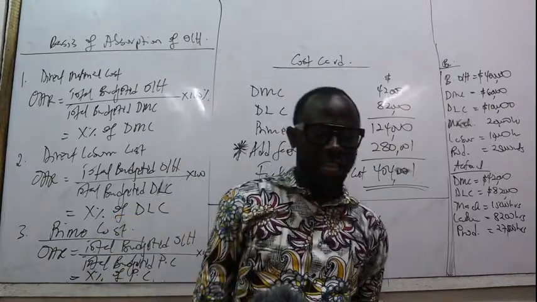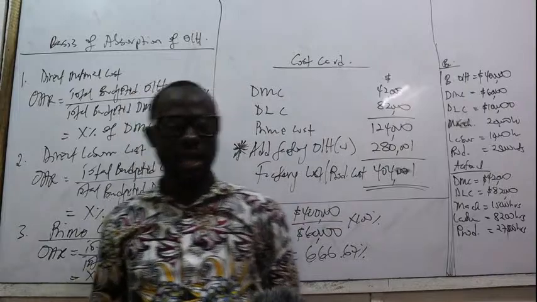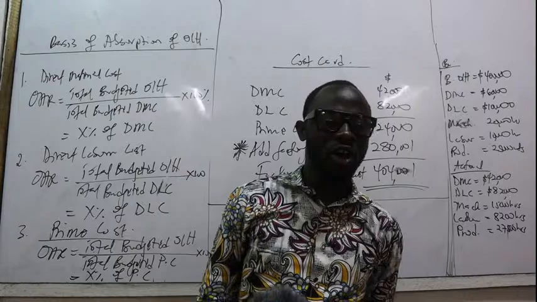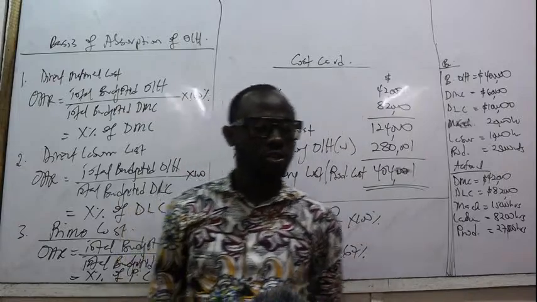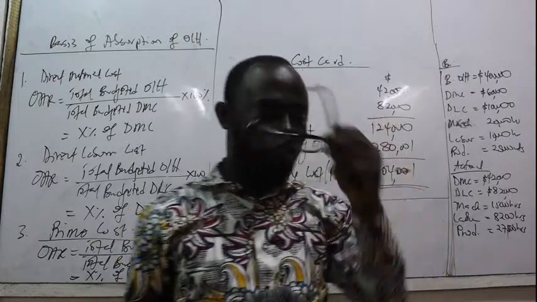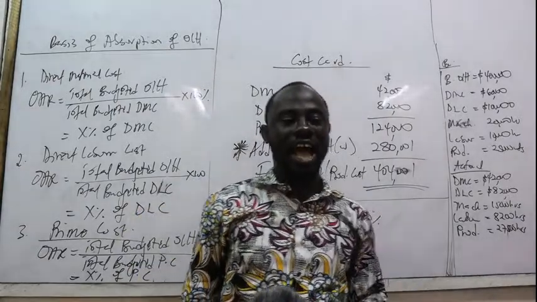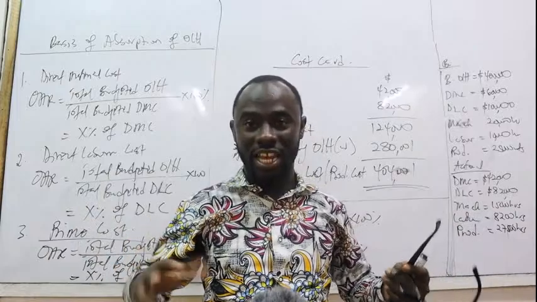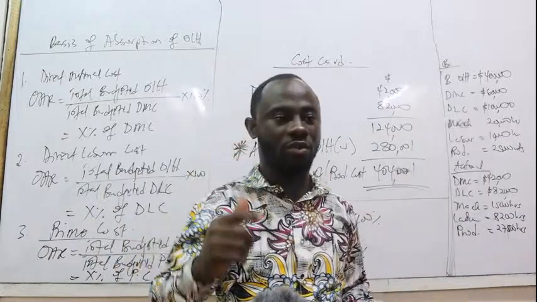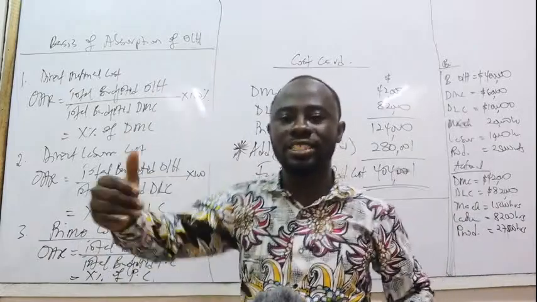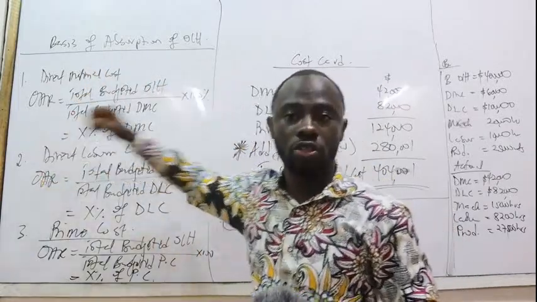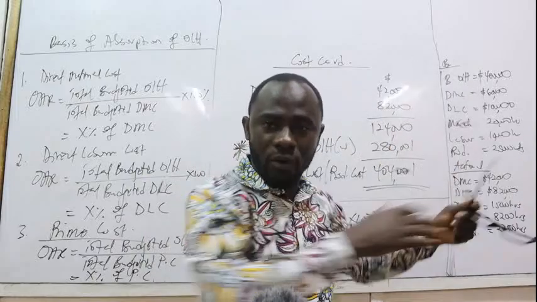Then Patience again is asking, what will be the motivating factor in choosing any of the six bases of absorbing? I'll be answering this question in a moment, when we finish everything, so stay with me. What will guide whether we should use direct material, prime cost, labor hours or machine hours?